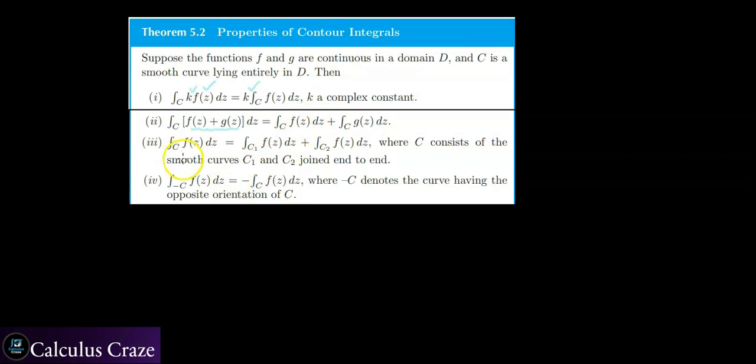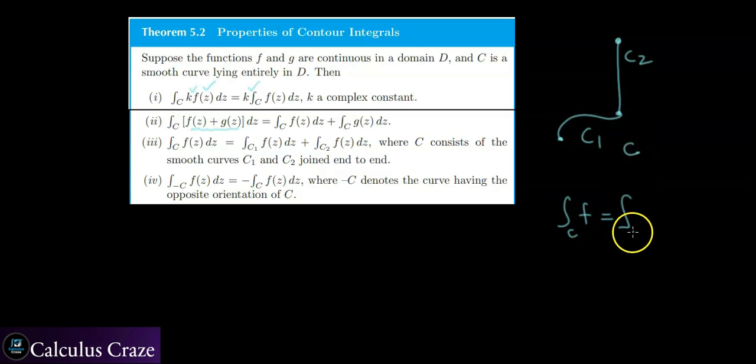The third property says that if C is a curve which is joined by two curves, so let's say this is C1 and there is another curve C2, so these two curves are joined, and you name this whole C1 union C2 a new curve C, then you want to integrate your function over this C. What you can do is integrate f over C1 and integrate your f over C2 and add. So the result is going to be the integral of f over the whole of C. So this is how it works.